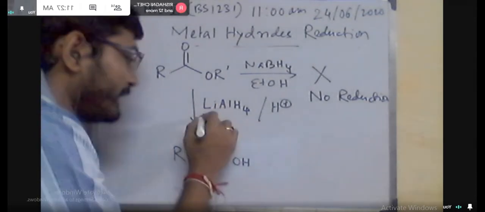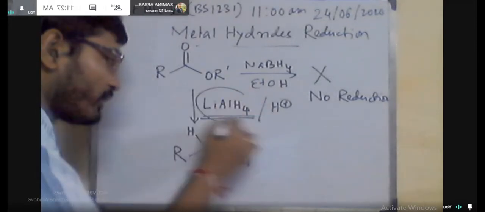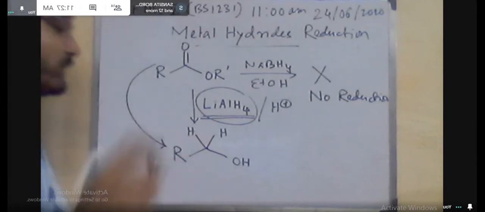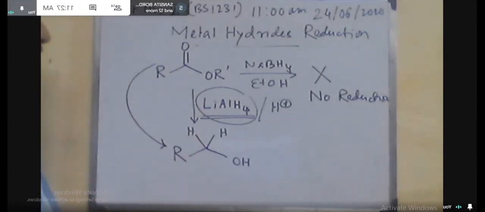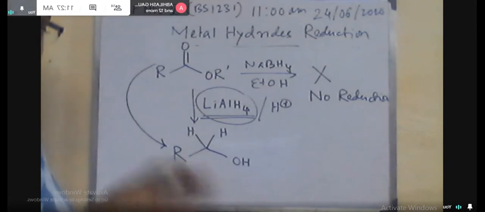Now the other important reducing agent is lithium borohydride. Instead of using sodium borohydride, lithium borohydride can reduce the ester to the corresponding alcohol.